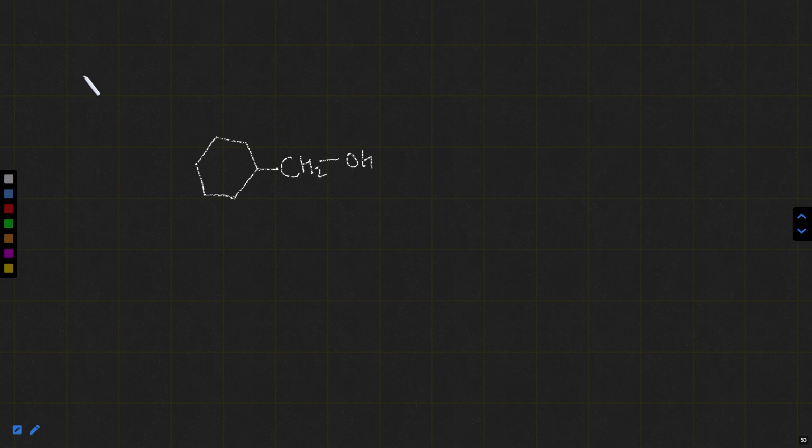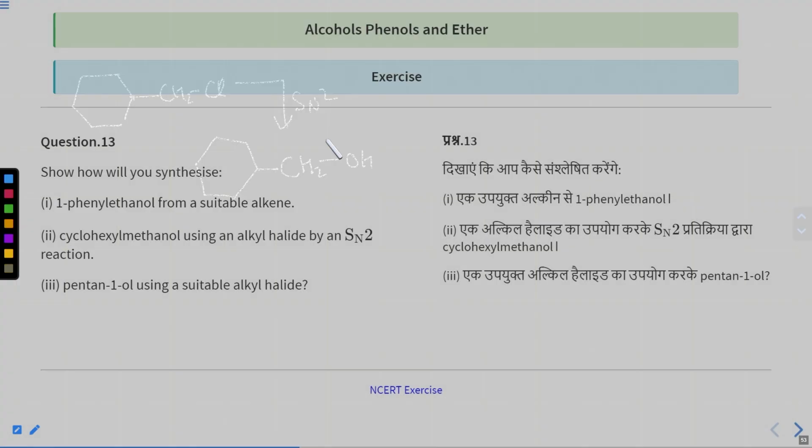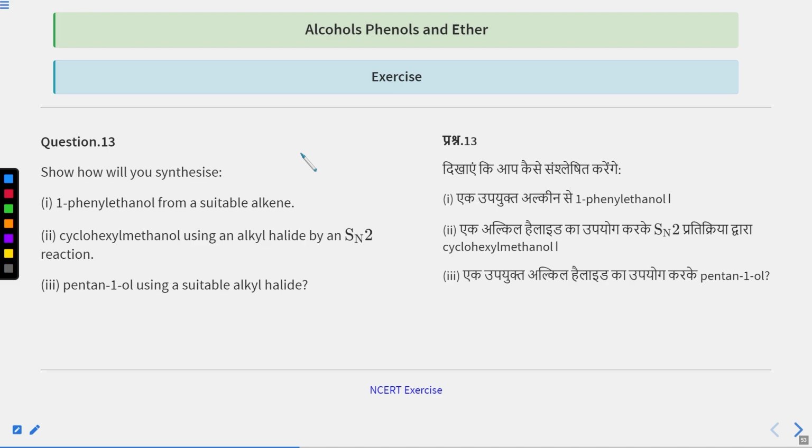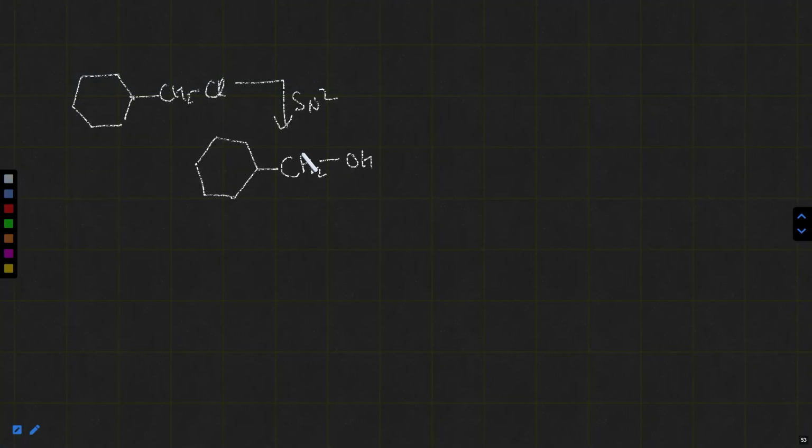So this alkyl halide we will use, and then we will do the SN2. What reagent can we use here? We can use aqueous KOH, not alcoholic KOH, aqueous KOH.